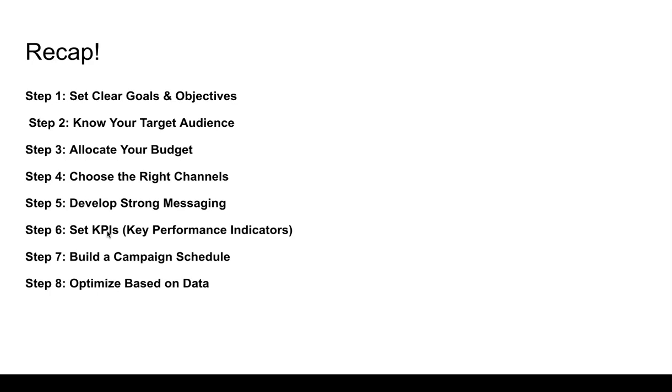Step 6, you want to set key performance indicators, which is what do you consider success for you? And what metrics are important and represent success for your campaign. Step 7, you want to build a campaign schedule. And step 8, you want to optimize based on data.